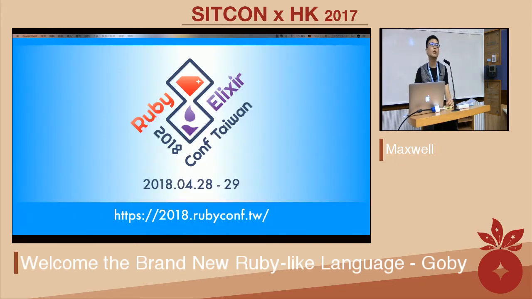Our company also hosts the event of the Ruby conference. And next year, we also integrated another programming language called Elixir. If you have ever heard of this language, I encourage you to look at it, because it is a functional programming language, and also another innovative design.